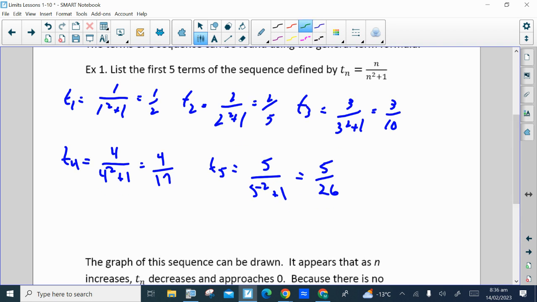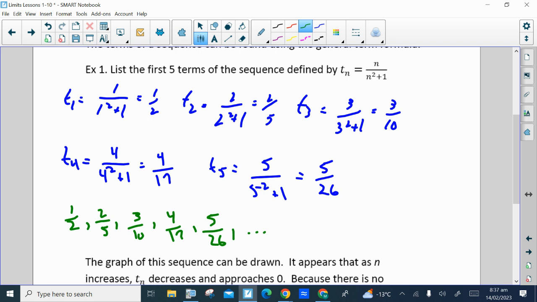So if we write out these 5 terms, and it would keep going.